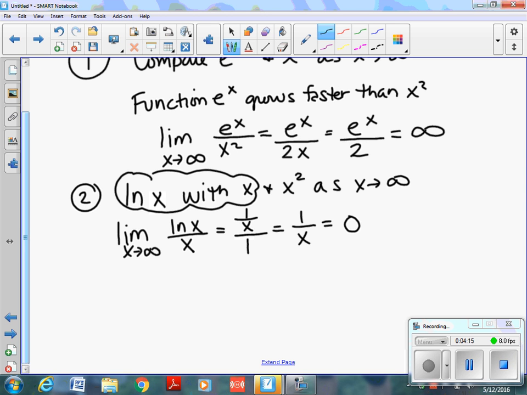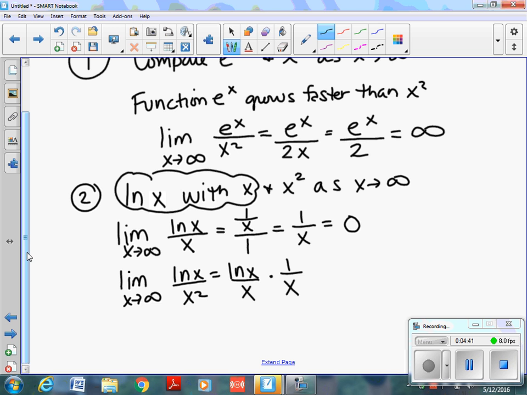Now I'm going to do the limit as x approaches infinity of the natural log of x over x squared. And all I'm going to do is break this up into the natural log of x times 1 over x. Instead of doing L'Hopital's rule, I'm just going to show you another way you can do this by breaking it up.